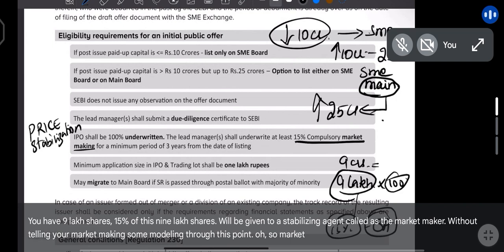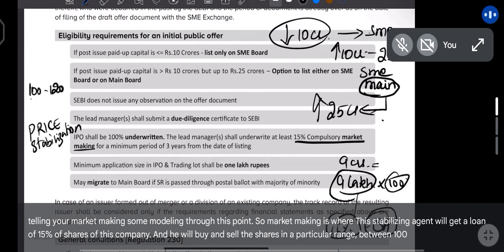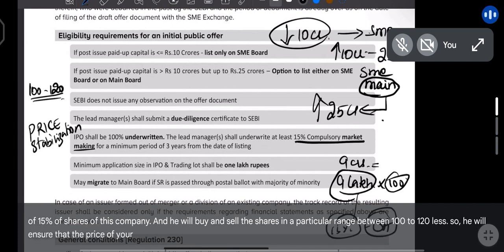So market making is where this stabilizing agent will get a loan of 15% of shares of this company and he will buy and sell the shares in a particular range between 100 to 120. So he will ensure that the price of your company shares doesn't fluctuate too much after the IPO is over.